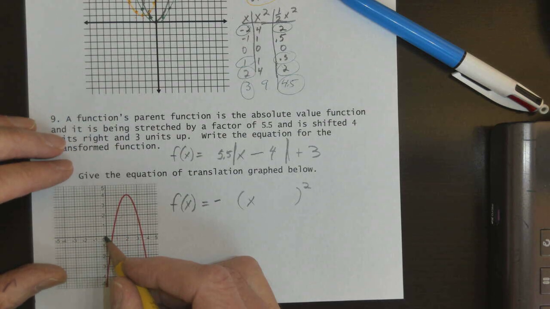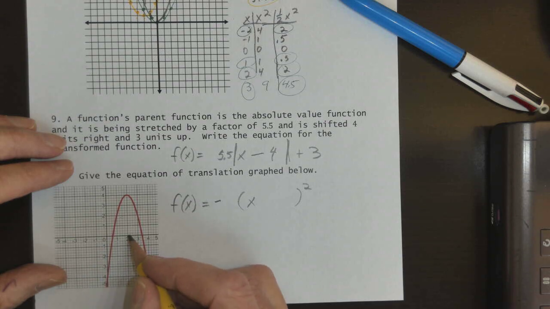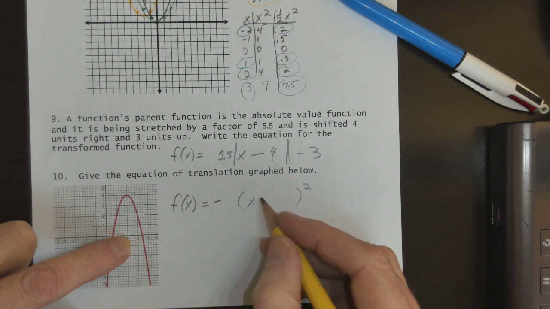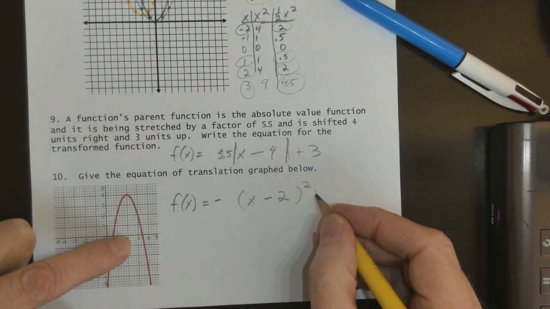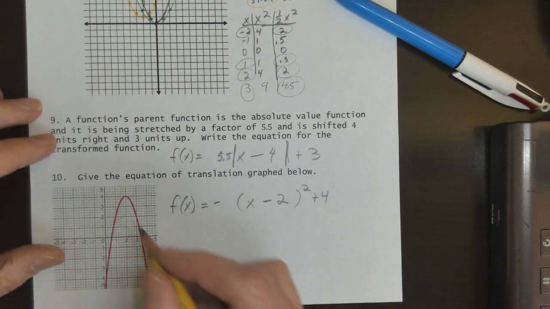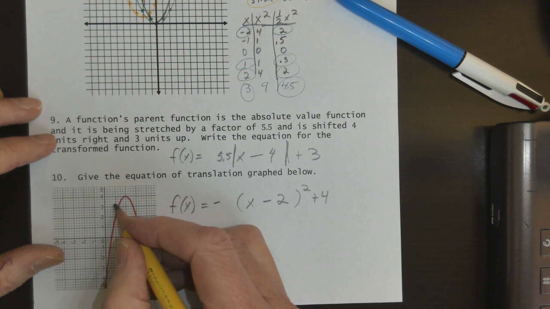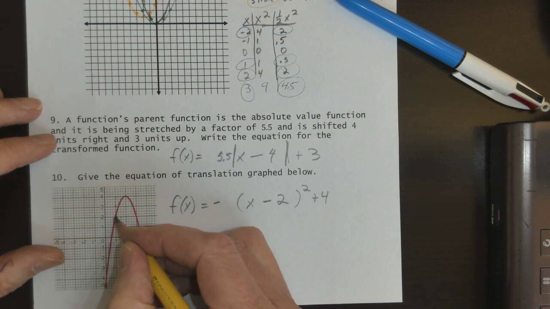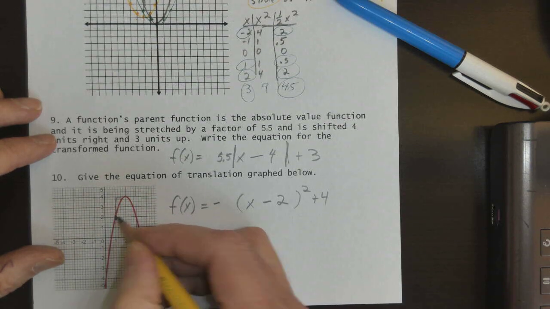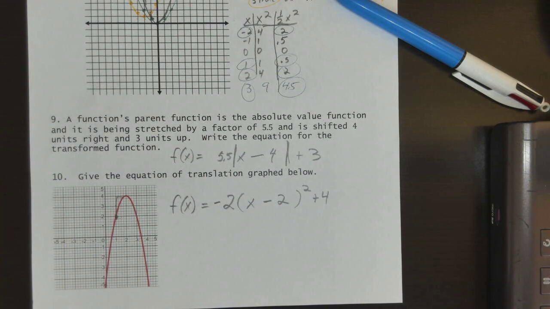I'll save this number for last. 1, 2, shifted 2 units right. 1, 2, 3, 4, and 4 units up. And then I am going to go 1 right, and 1 down. This looks like I'm going 2 down here. So it's being stretched by a factor of 2.